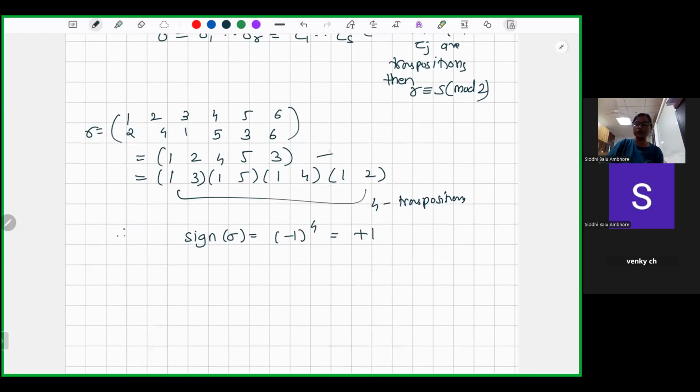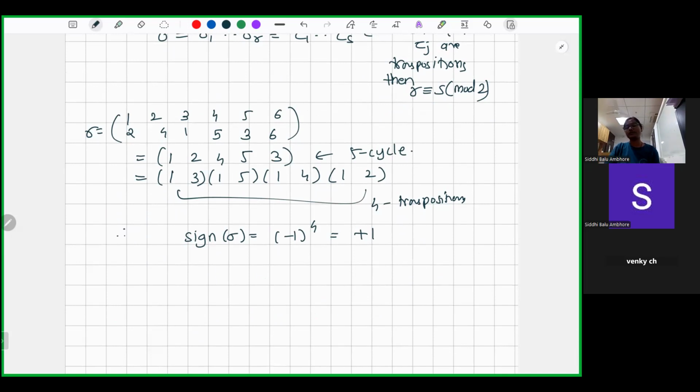So this was a 5-cycle. Note that in general, any odd cycle has sign +1 and any even cycle has sign -1.